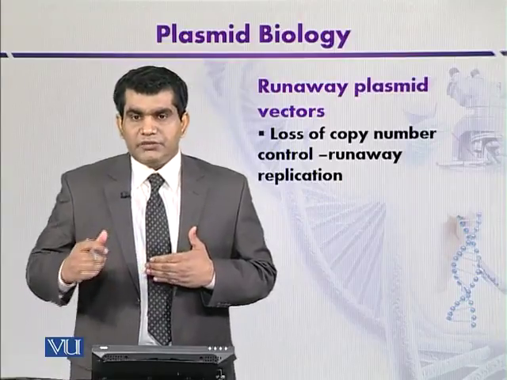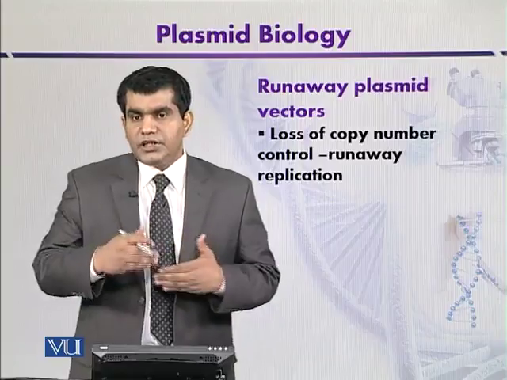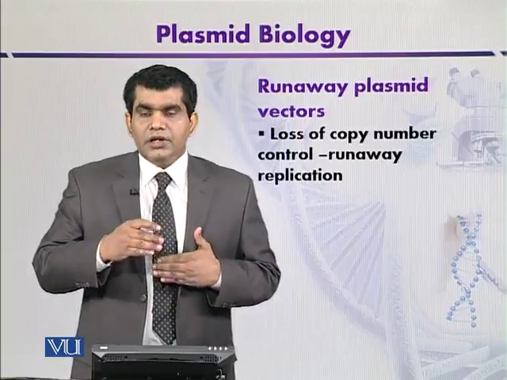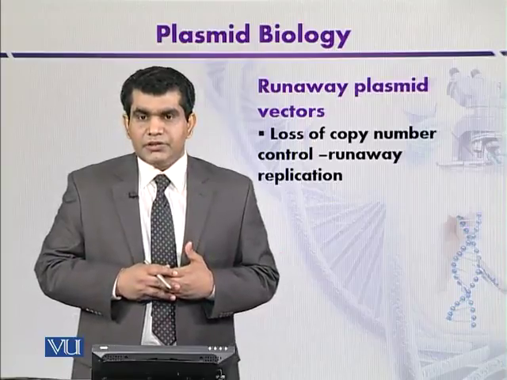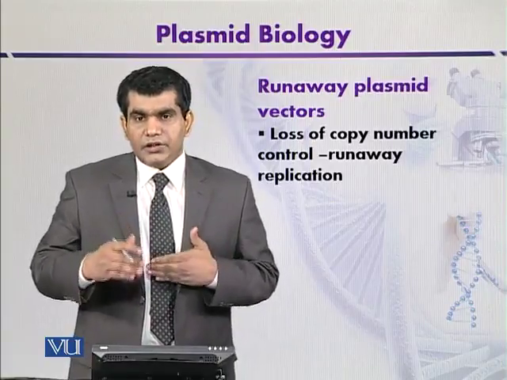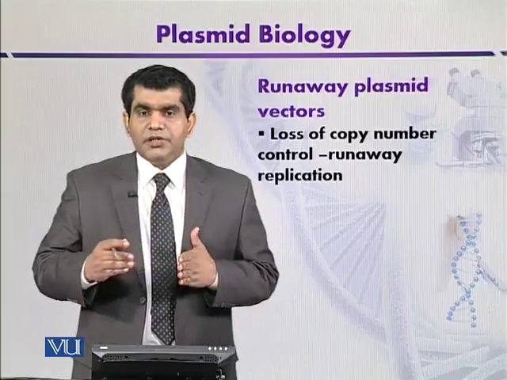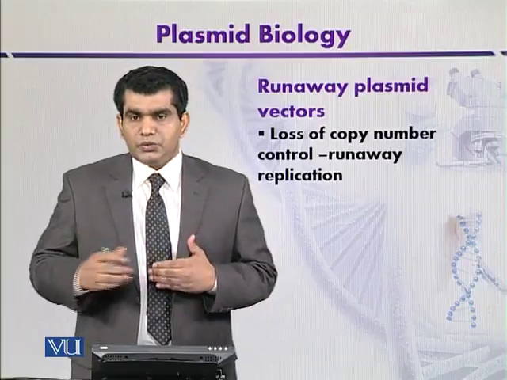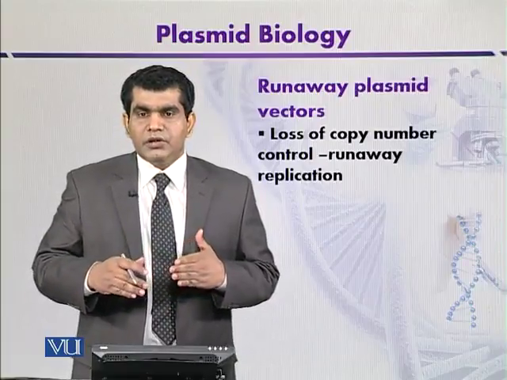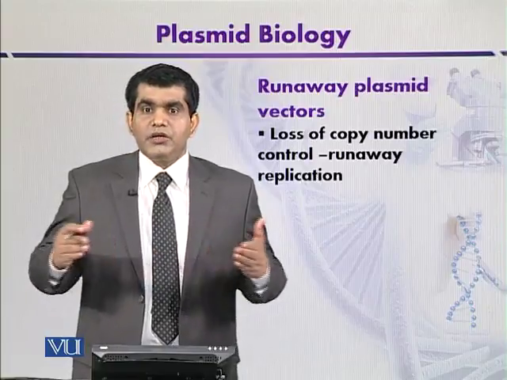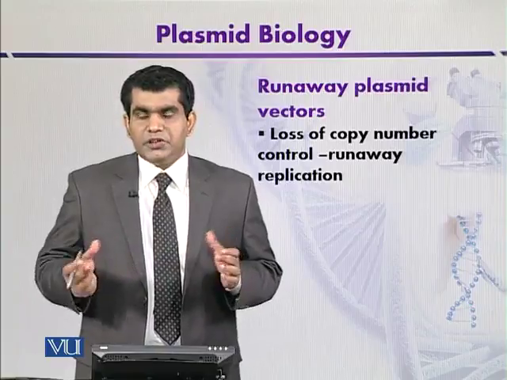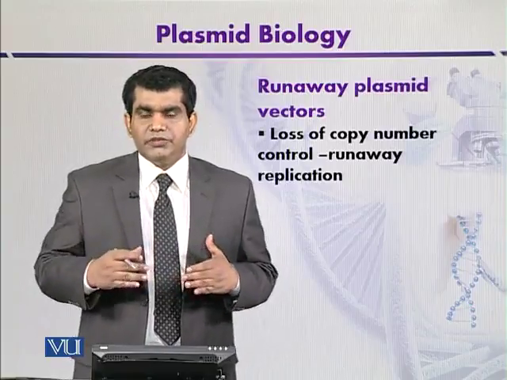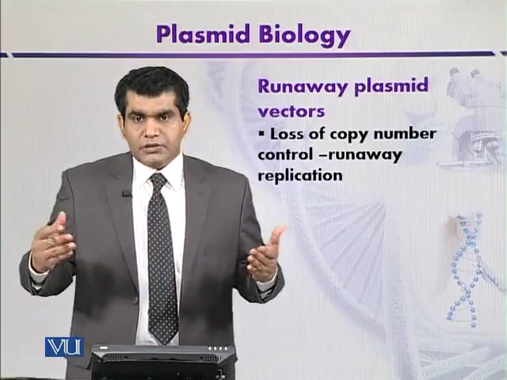And then with the passage of time, scientists also developed in vitro or artificially synthesized plasmids, and we quoted different examples like pBR322. And by using these plasmids, we can clone a DNA fragment having a size between 10 kilobases to a maximum of 15 kilobase pairs.